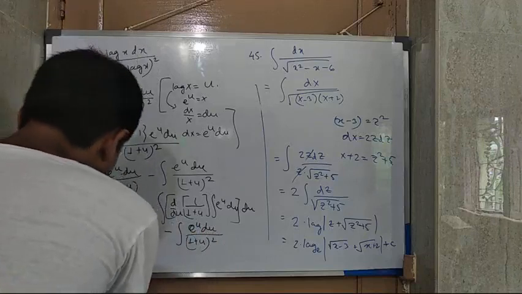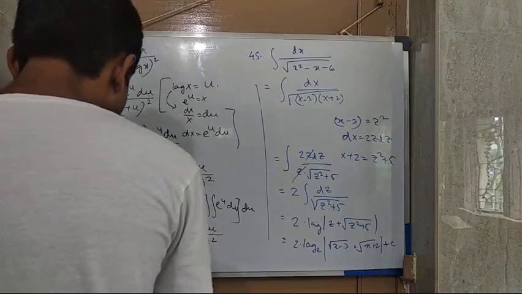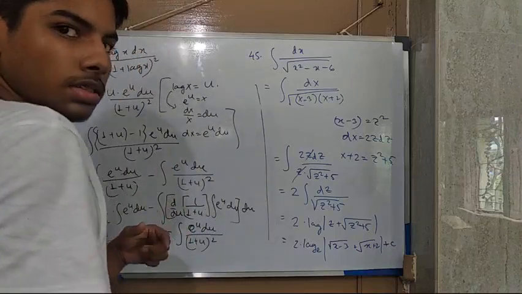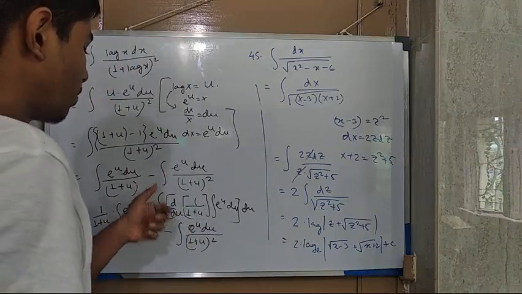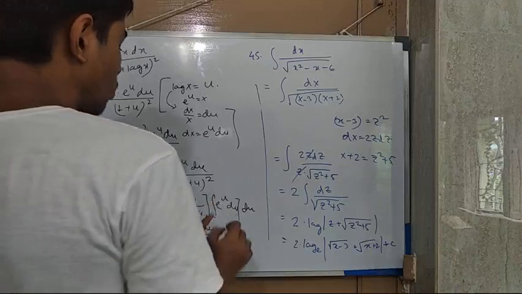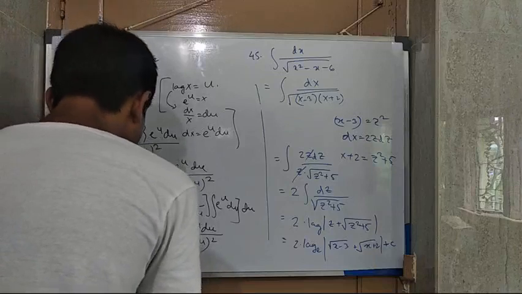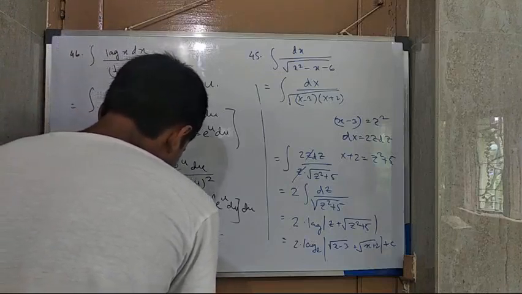So this becomes e to the power u by 1 plus u minus, this is minus 1 by 1 plus u squared. The minus will come out and this will become positive. This is e to the power u by 1 plus u whole squared, so this will become integral e to the power u by 1 plus u squared du.